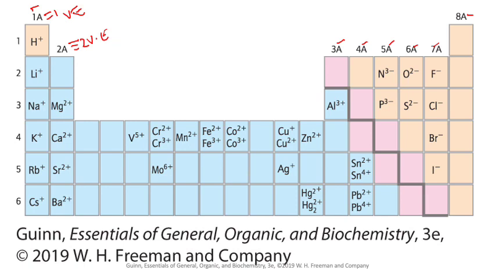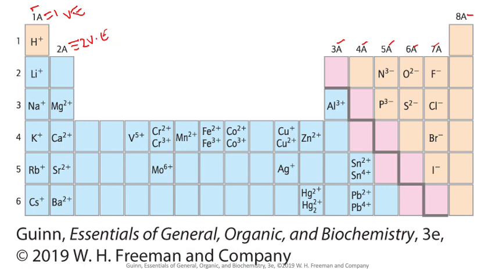Right? So if you remember the octet rule from the previous slide, I told you that any main group element wants to have 8 electrons in the last energy level called the valence energy level. How many valence electrons should you have? 8 valence electrons, right? So the 8th group elements already have 8 valence electrons in the last energy level.